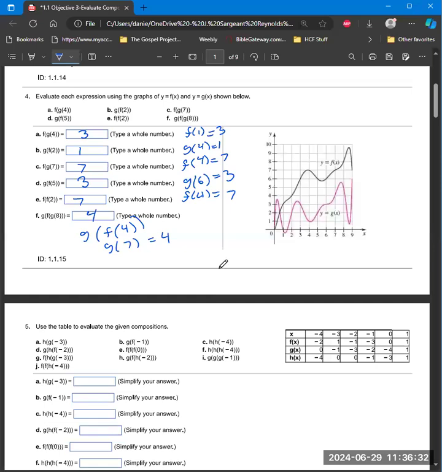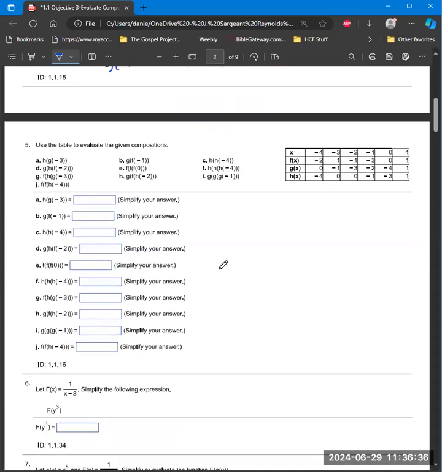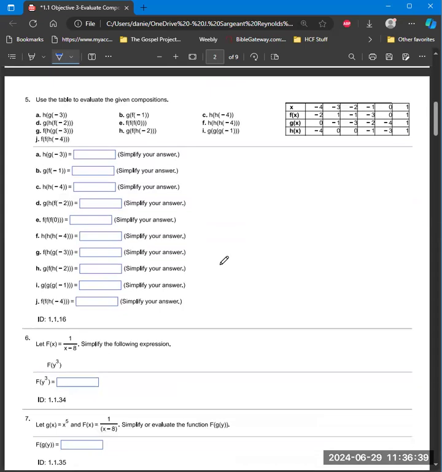Let's go ahead and look at the next one here. So let's use the table instead. I like tables a whole lot better usually than graphs for this stuff. So g of -3 is going to be a -1. So that's h of -1. H of -1 is a -1.